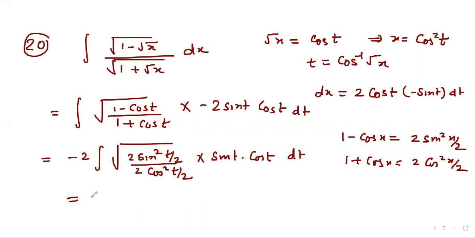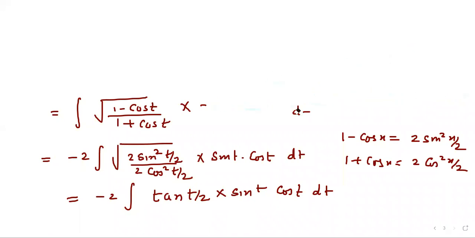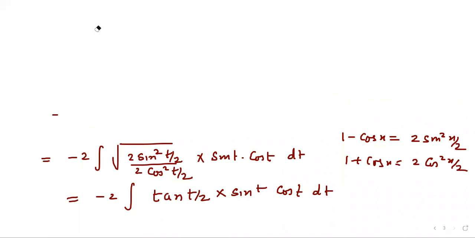So minus 2 integration tan t by 2, and this is sin t cos t dt. Now, next step is we write it minus 2 integration.